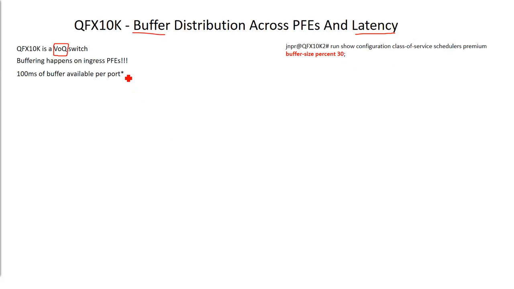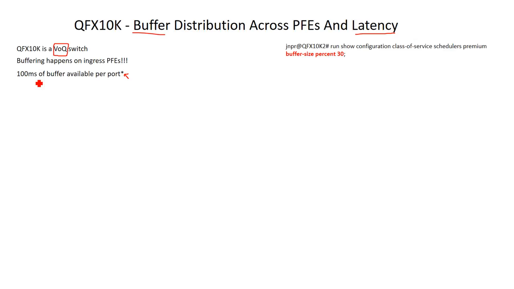Also, there is a little asterisk here, which means that 100 milliseconds per port, but not, and this is an example I'm not going to look at, if every port on the packet forwarding engine is under congestion at the same time, it cannot get 100 milliseconds. There are more ports than there is memory per packet forwarding engine.